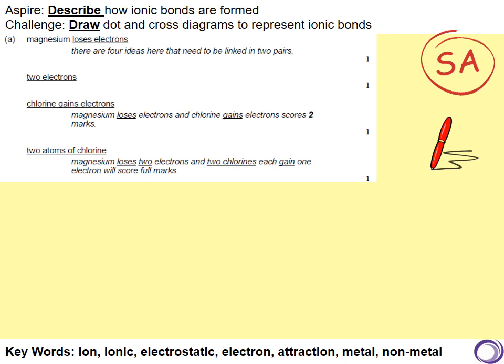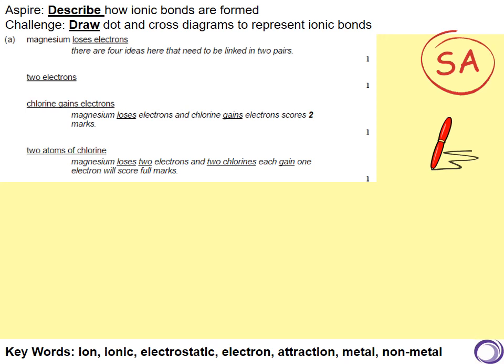And if you recognise that it would be 2 atoms of chlorine, each gaining 1 electron, then you got that 4th mark. Now, there are many ways in which you can lose marks in this type of question. One of which would be to start talking about chlorine ions. You wouldn't get any marks for that.